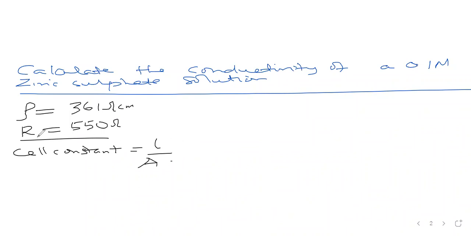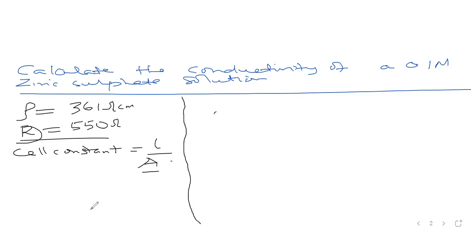But in the information given, there is nothing like L, there is nothing like cross-sectional area. What shall we do? Get the formula of resistance or resistivity and find a way of putting in the cell constant the way we did in our previous calculations.